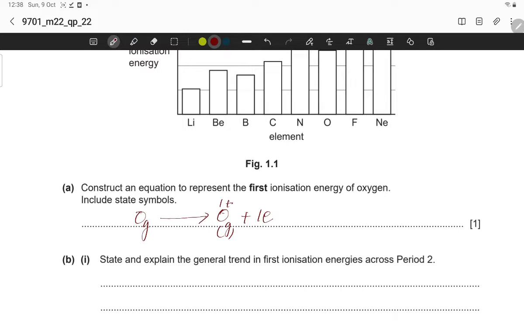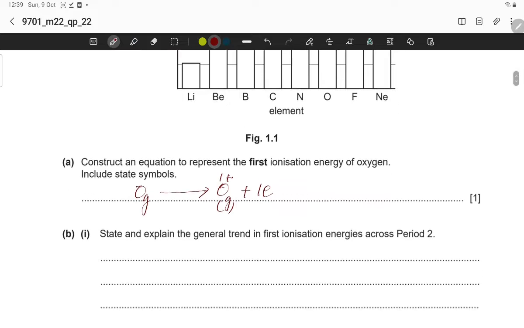So this is the first ionization energy of oxygen, because first ionization energy is the energy when 1 mole of electrons is removed from 1 mole of gaseous atoms to form 1 mole of gaseous ions.